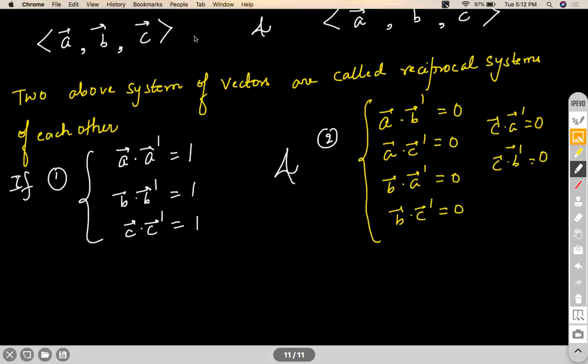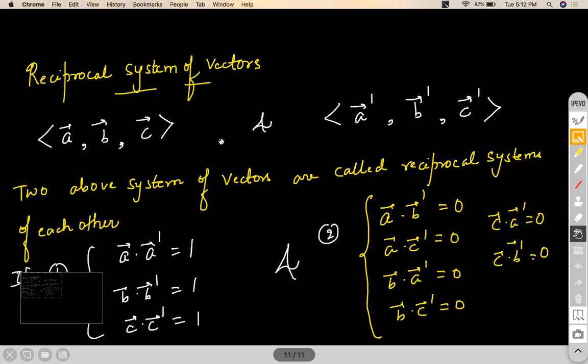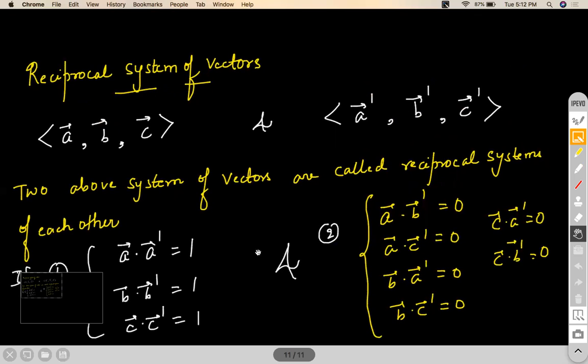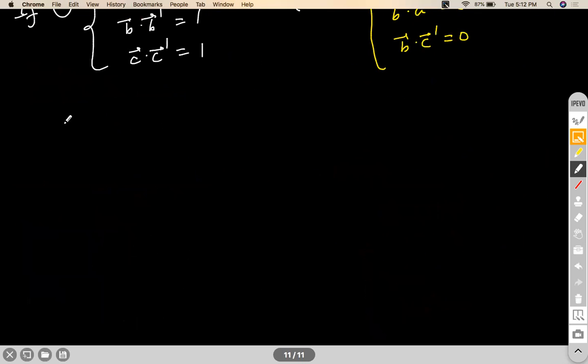Now, one question that will arise in your mind is, if I have been given A, B, C, can I find A dash, B dash, and C dash? The answer to this is yes, we can find them, and I'm giving this as a question to you. Let's say A, B, C are a system of non-coplanar vectors, that means linearly independent vectors.